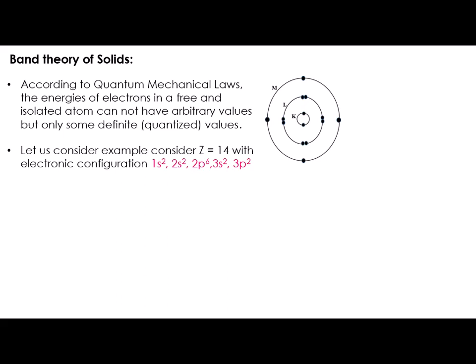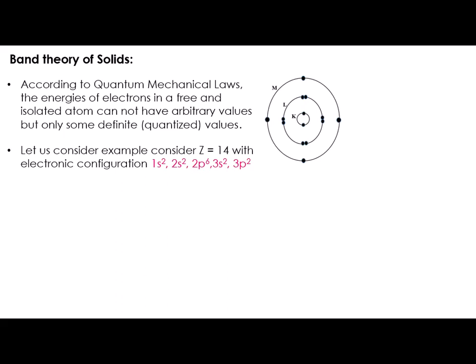The first shell is completely filled with 2 electrons. There is no vacancy, it is completely filled. The second shell is also completely filled with 8 electrons. 2 electrons are there in the S subshell and 6 electrons are there in the P subshell. So in total there are 8 electrons in the L shell. In the M shell, though there is room for 8 electrons, there are only 4 electrons.